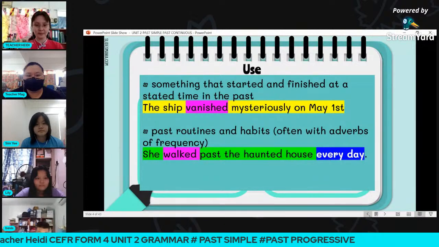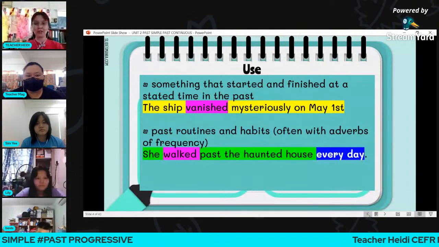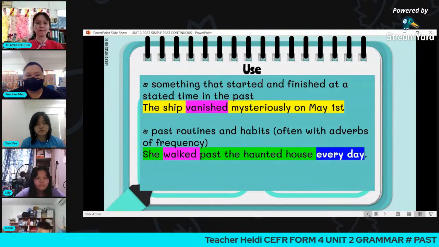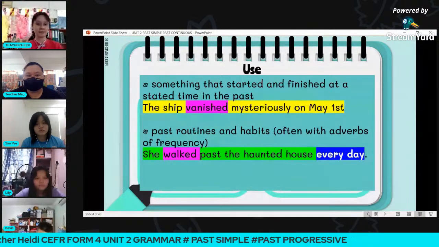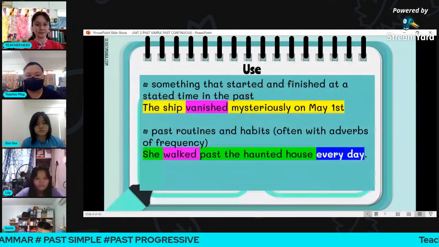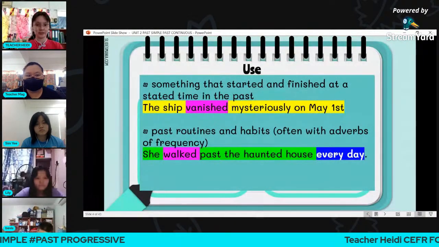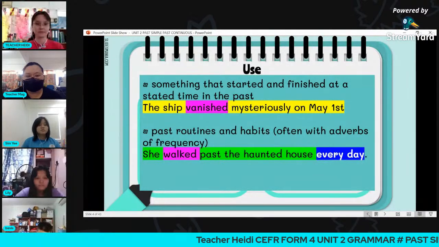But if it is used in the past, she walked past the haunted house every day, that means it's a past habit, a past routine. It doesn't happen anymore. So you have to be careful about this word every day. Just take note of this.